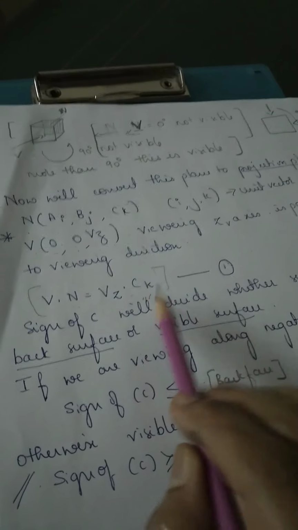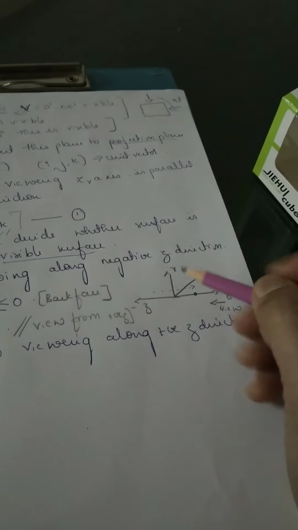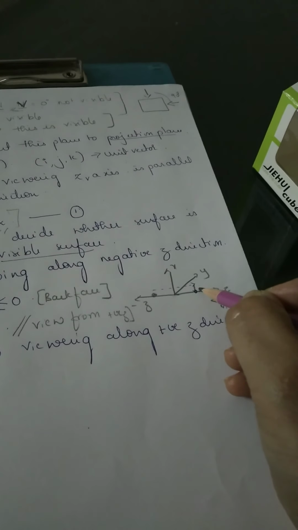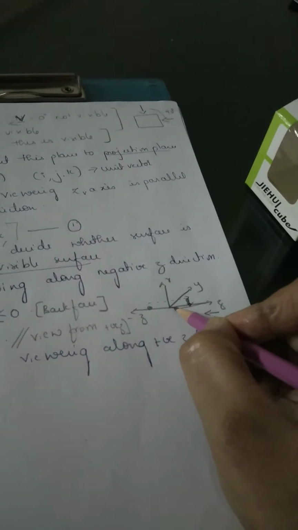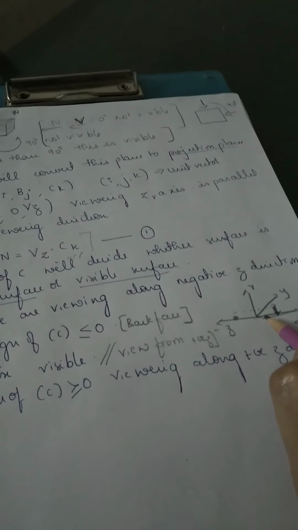Now the sign of C will decide whether the surface is a back surface or a visible surface. How can we calculate it? Now the object is here and I am viewing from this point. We are viewing along the negative direction.